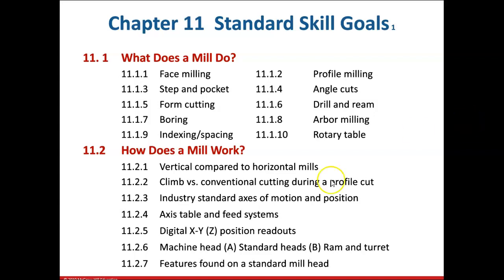We're going to talk about the differences between the manual milling machine that we have in the shop, or manual Bridgeport, or other manual mills and the CNC machine. So we're going to talk about all of these and get to know the component parts and the similarities from one type of milling machine to another.